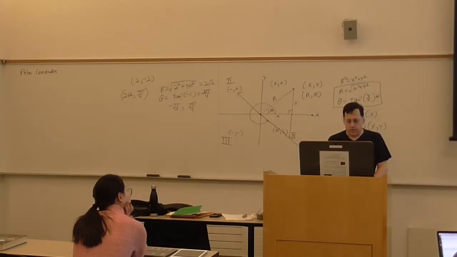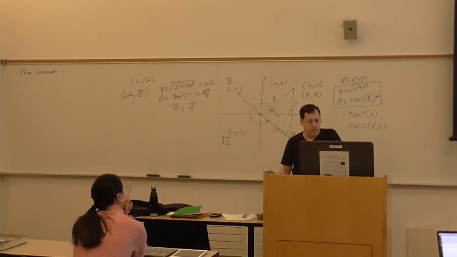If, however, I say r equals cosine of theta, make that a little bigger, you also get a circle. So now, instead of being centered at the origin, it's now centered off from the origin. Okay, that's kind of simple.